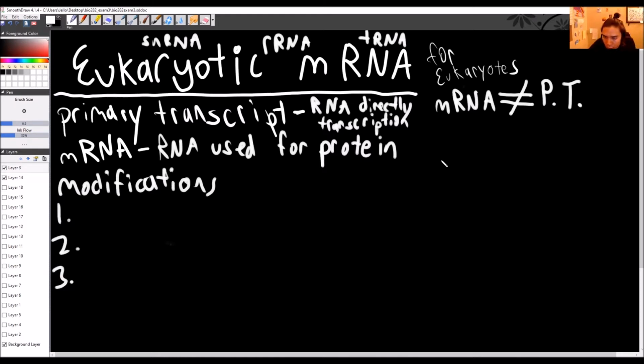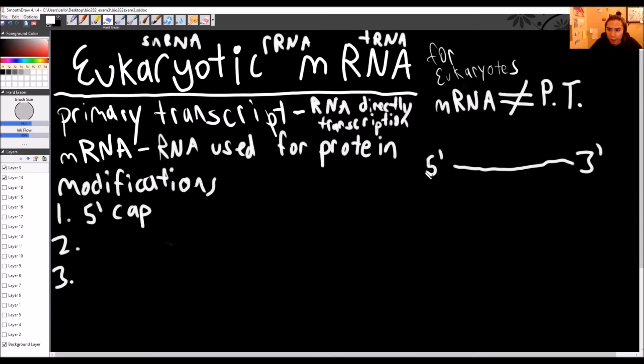So let's draw a quick model. Let's say that this is our primary transcript that is destined to become our mRNA. We need to make a couple of modifications to actually make it mRNA. So we'll start off with the 5' cap. A protein will come in and add a molecule called methylguanosine to the 5' end.